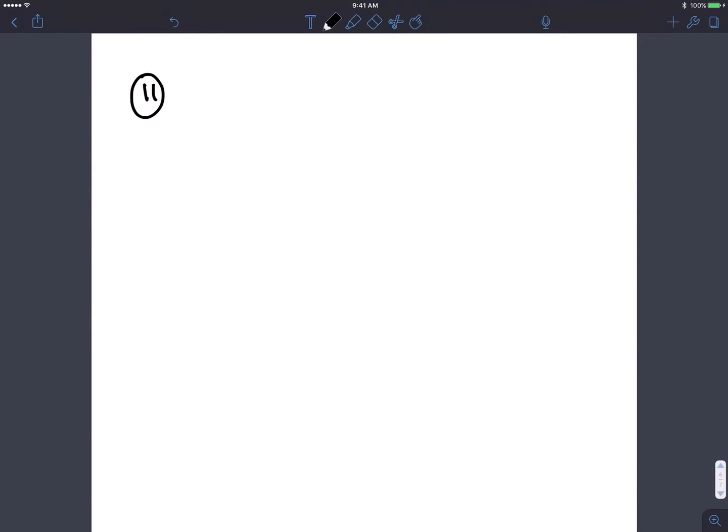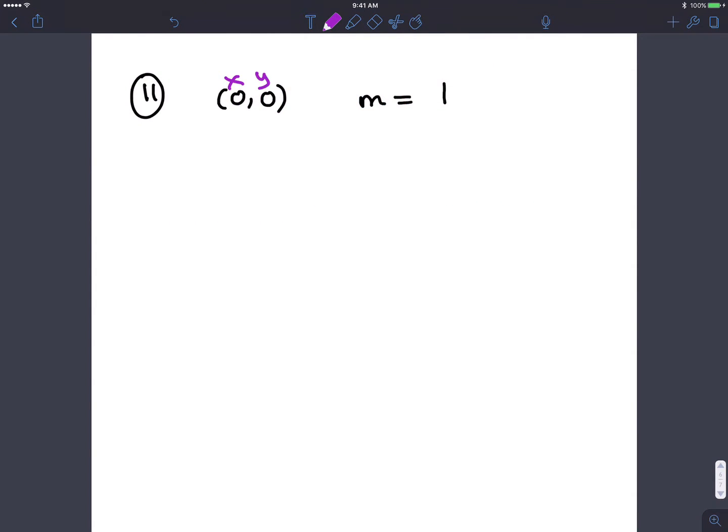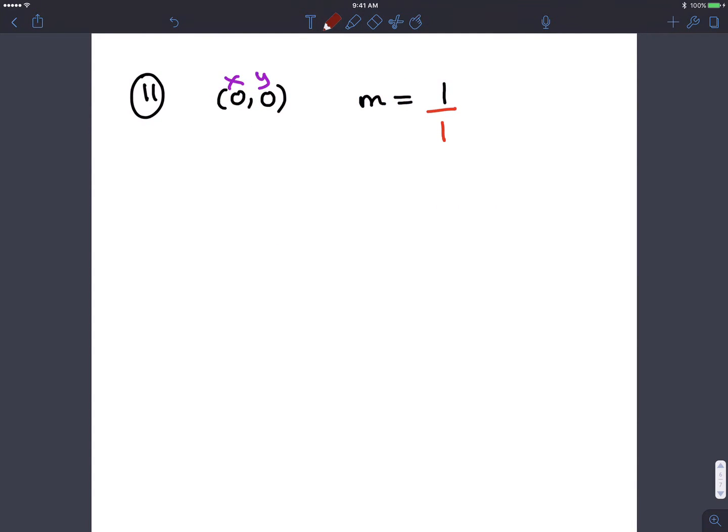Number 11. 0, 0. My slope is 1. We have an x-coordinate, we have a y-coordinate. 1 divided by 1 is 1.